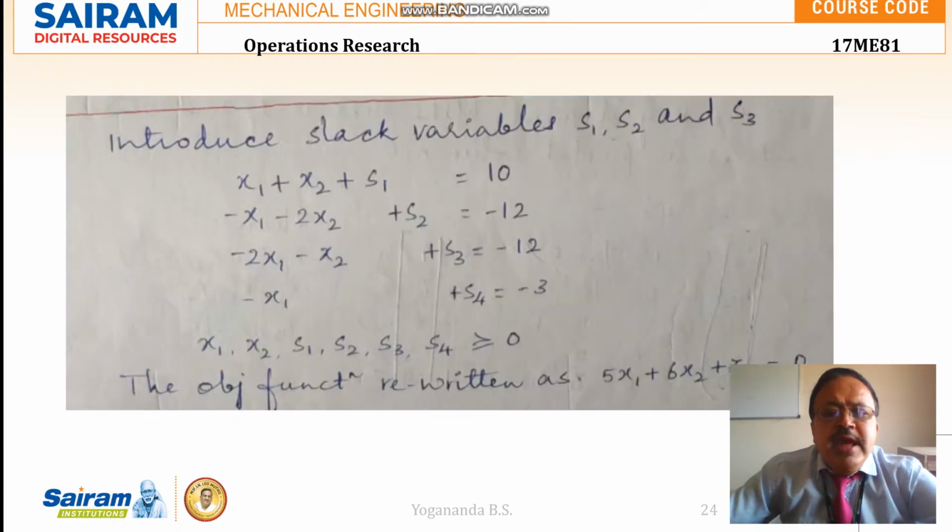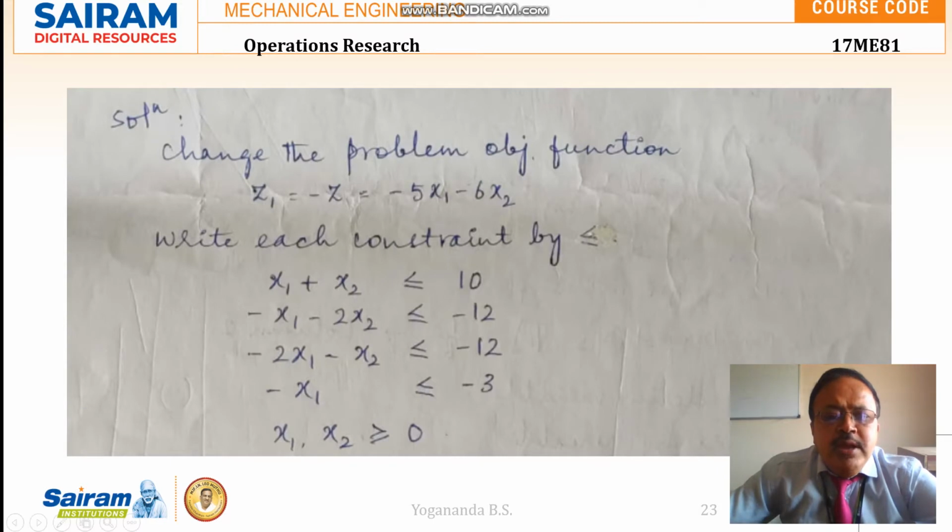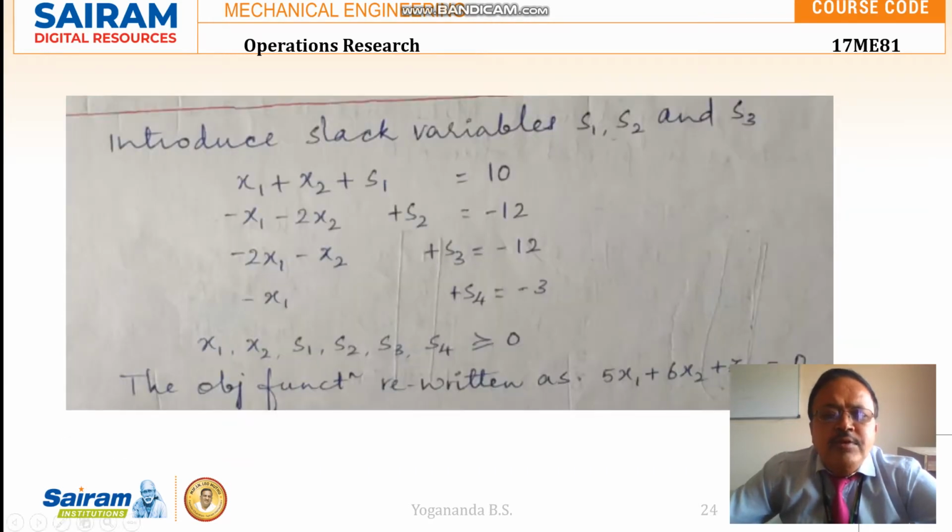Now introduce the slack variables. Because the left hand side is less than the right hand side, by adding something on the left hand side we make LHS equal to RHS. That is made possible by adding four slack variables S1, S2, S3 and S4.